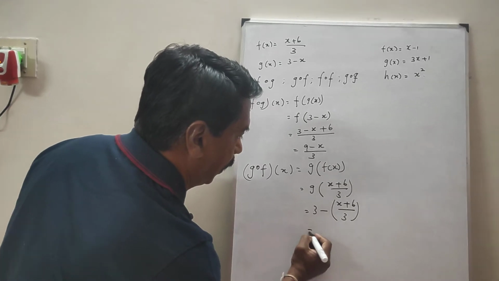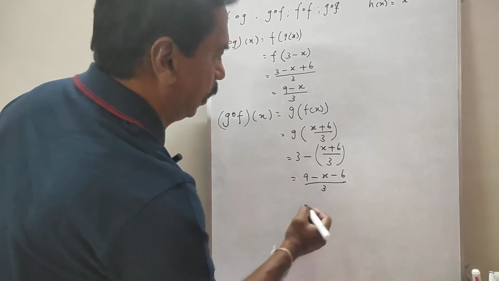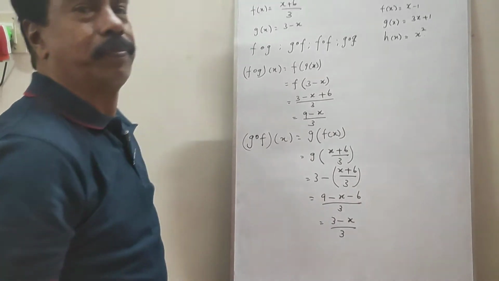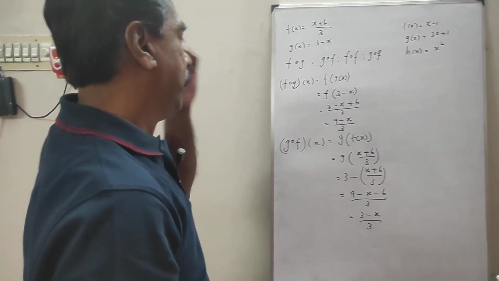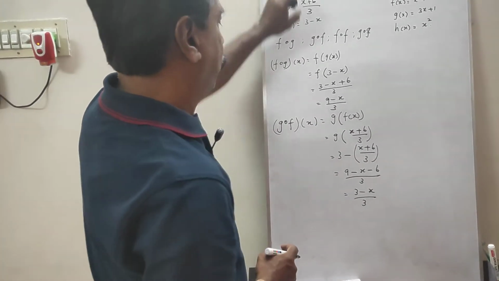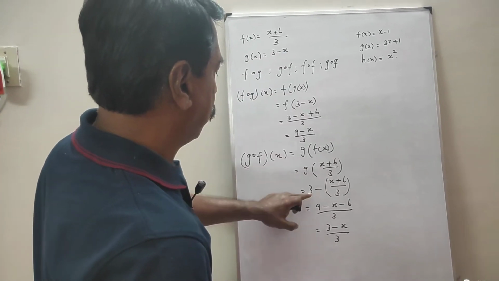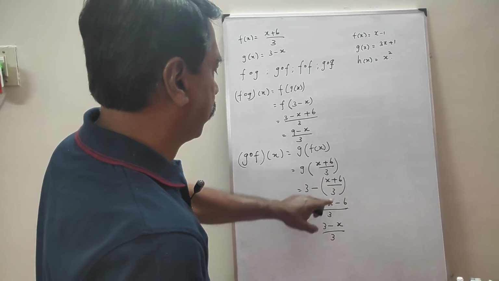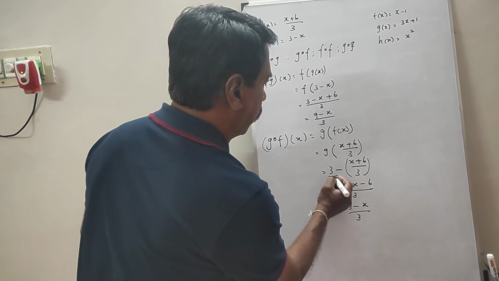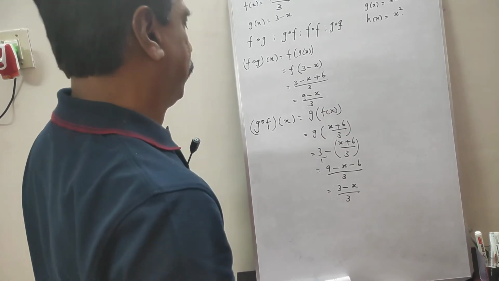So we simplify by taking LCM, (9 minus x minus 6) by 3. This is (3 minus x) by 3. You can verify: g of f of x is g of (x plus 6) by 3, and g is 3 minus x, so 3 minus, you replace this, (x plus 6) whole divided by 3. We have taken LCM. So simplifying, you get (3 minus x) by 3.